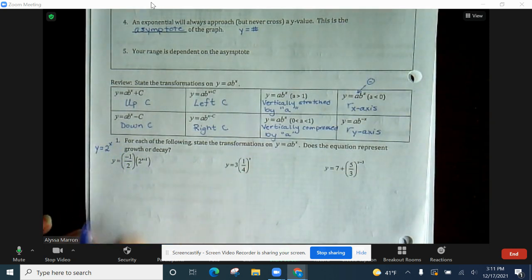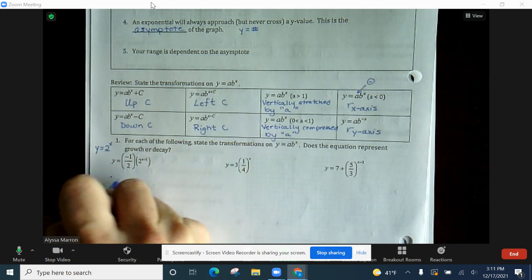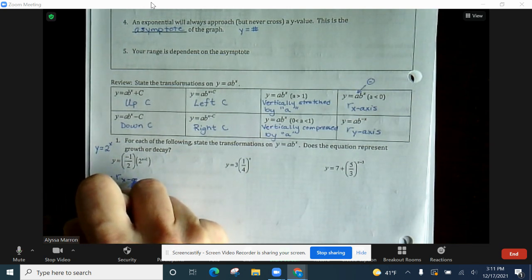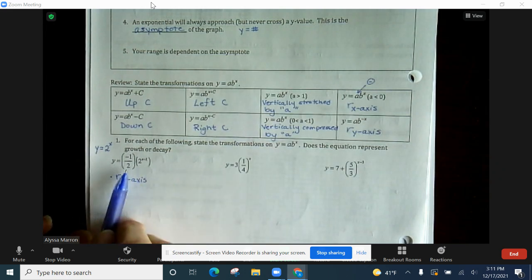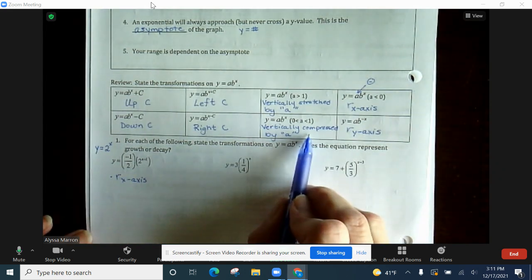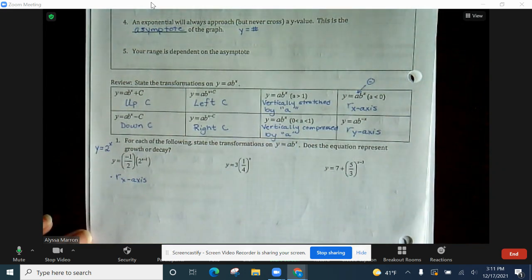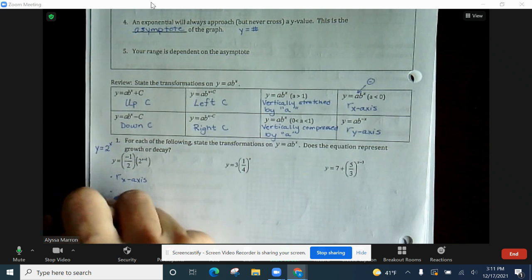So first, I see the negative out front. I'm going to say that there is a reflection over the x-axis. I see a fractional coefficient, that leading coefficient is between 0 and 1. So I'm going to say it is vertically compressed by a half.